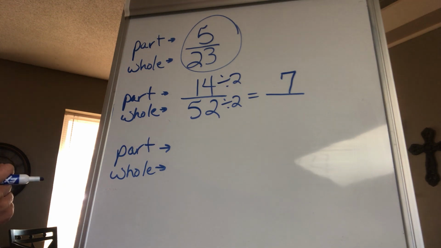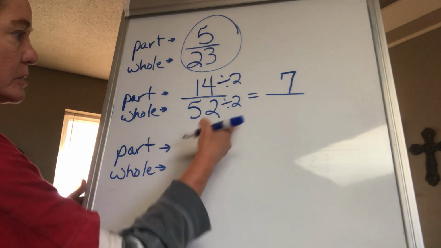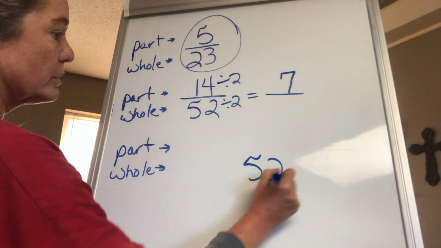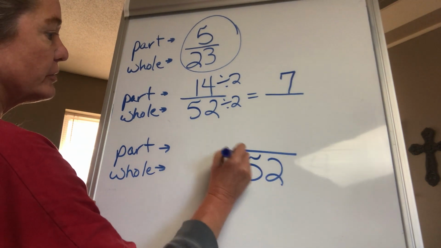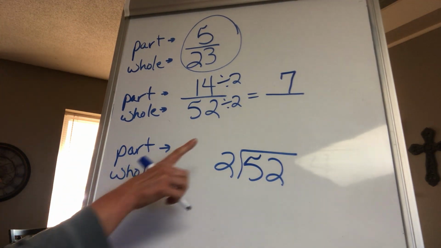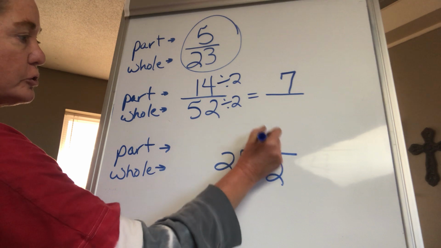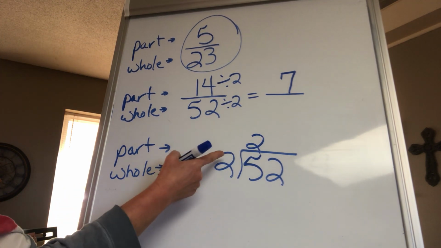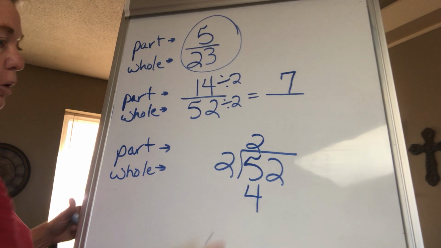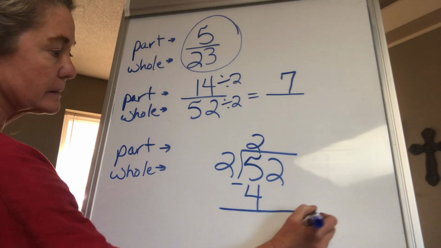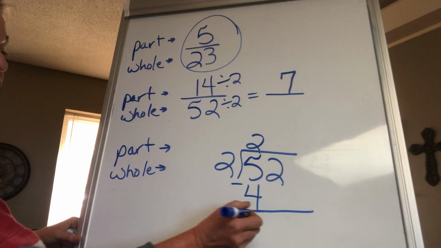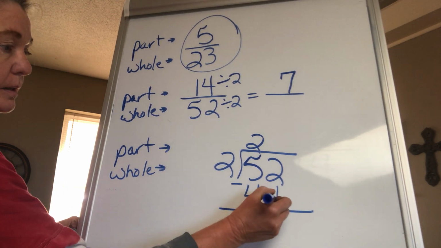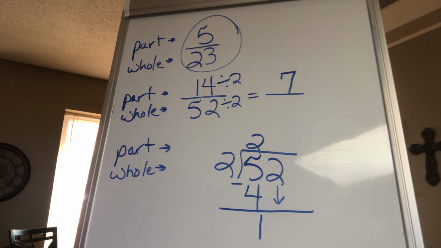But 52 divided by 2, I'm not really sure about that one, so I'm going to go to the side and work that one out. 52 divided by 2. 2 goes into 5 2 times. 2 times 2 is 4. And we subtract. 5 minus 4 is 1. And we have to bring our 2 down.